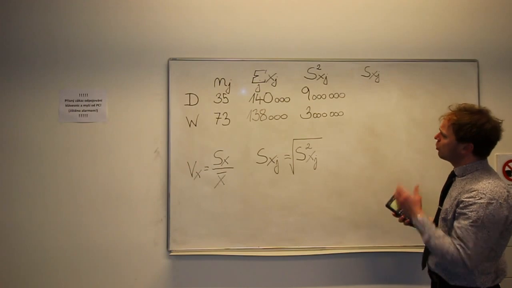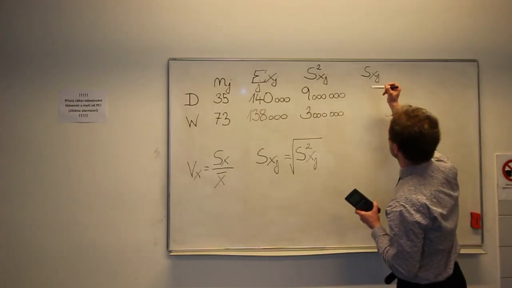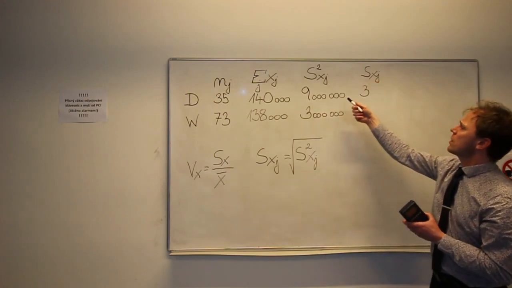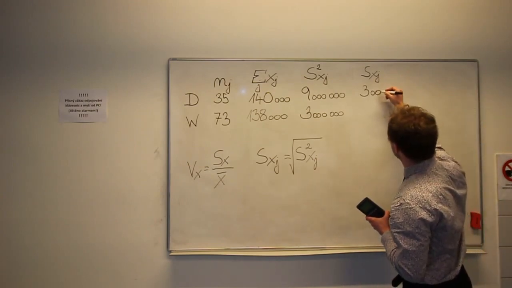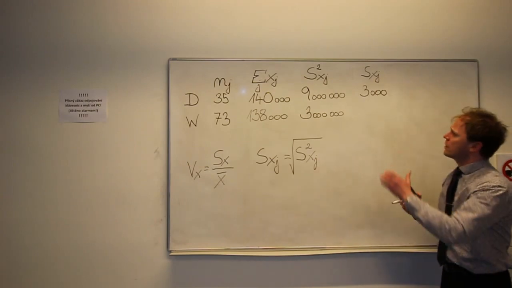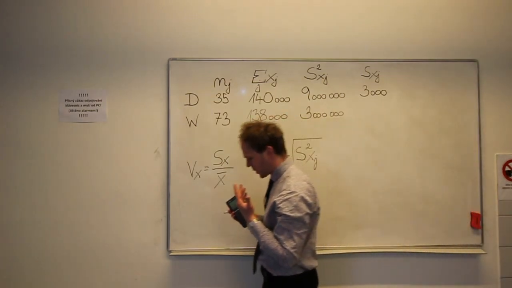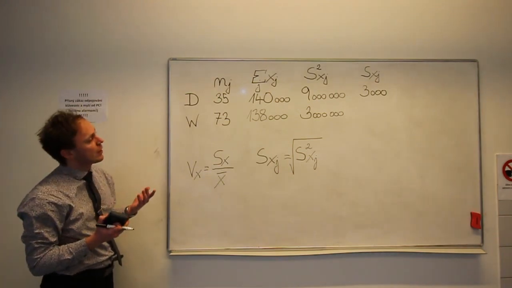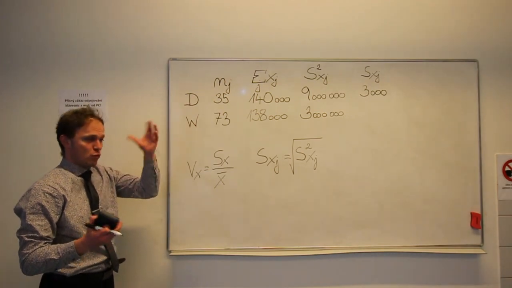The square root of 9 is 3. This was in millions, so this will be in thousands, 3,000, and the standard deviation is more comfortable for us in case of interpretation. 3,000 Czech crowns, we can imagine the value 3,000.